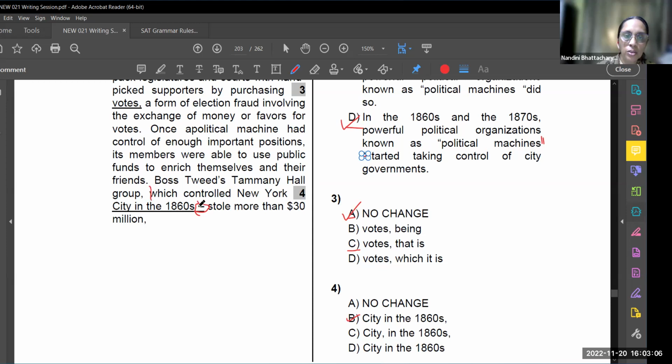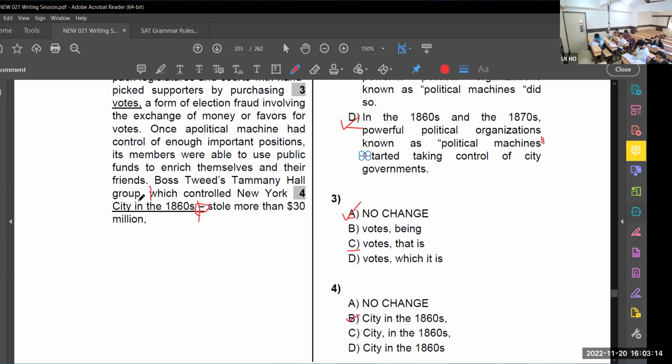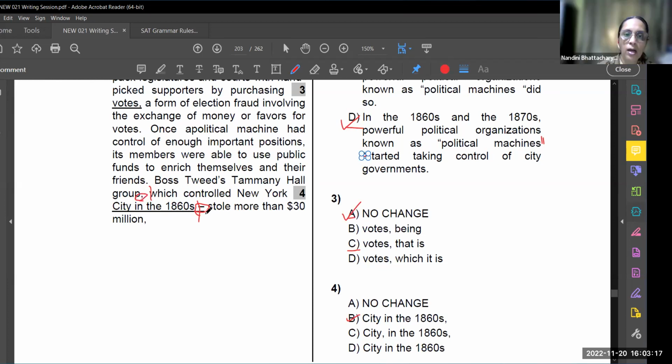Now this portion, which controlled New York City in the 1860s, is actually an additional information. Now here we have a comma and here we have a dash. Either we should have both commas or both dashes, right?